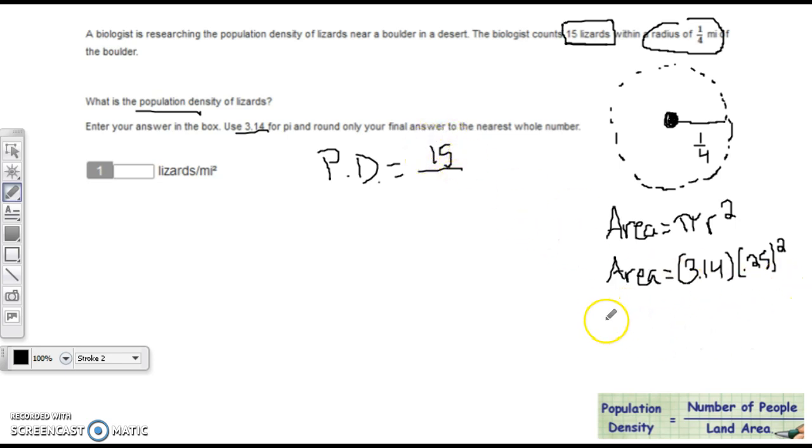And I got that the area of that circle is approximately 0.19625. So I'm going to go ahead and put that down here for land area. And then I'm going to divide to figure out the population density.